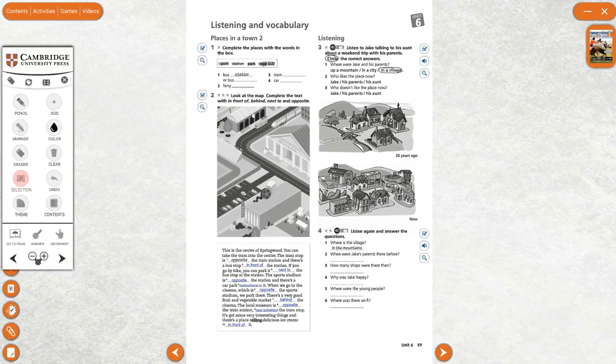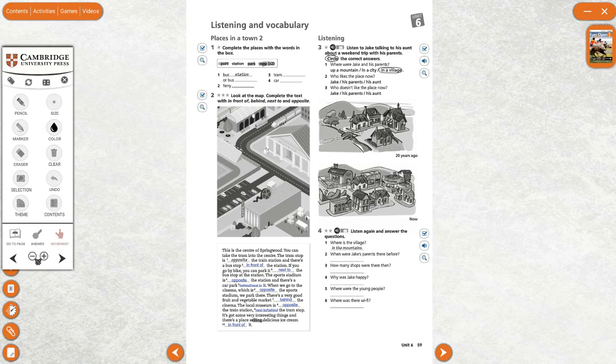Okay, I'll pass the other exercise. Look at exercise 3. This is a listening exercise. So we have to firstly listen to the listening part, then do these two exercises.